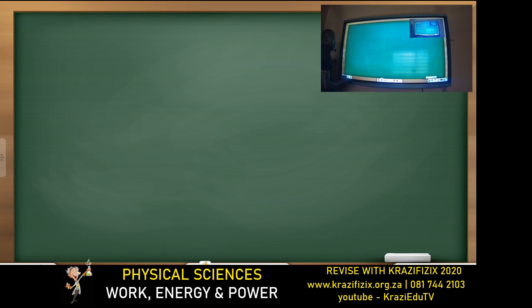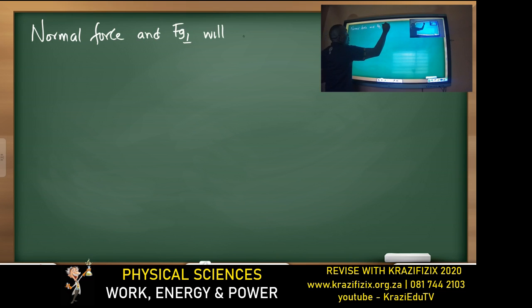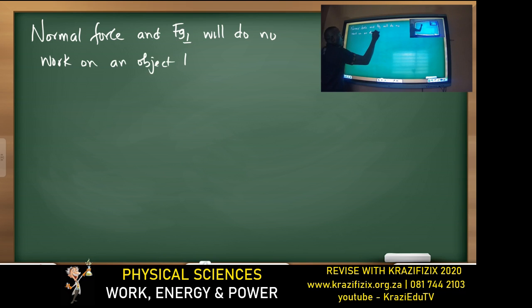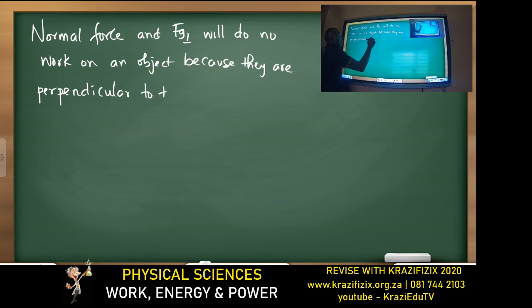Now, I'm going to say something very important here: the normal force and FG perpendicular will do no work on an object because they are perpendicular to the displacement. When we say perpendicular, it means theta equals 90 degrees.